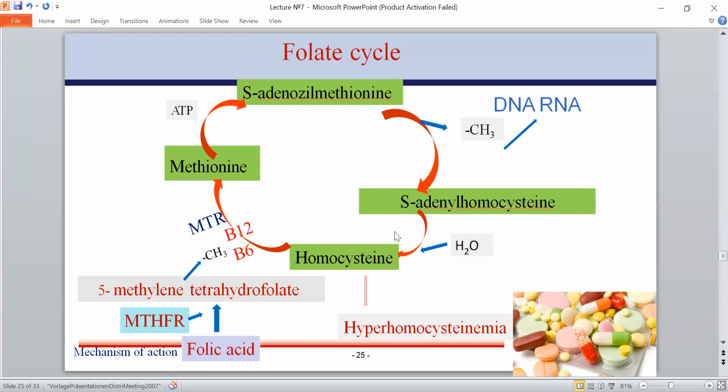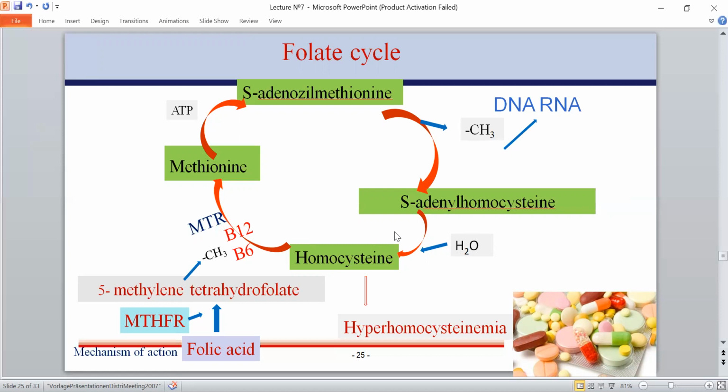Deficiency of vitamin B12 and vitamin B6 is a very serious problem because it disrupts the folate acid cycle and decreases multiplication. In this way DNA and RNA do not work, which blocks synthesis of new cells.